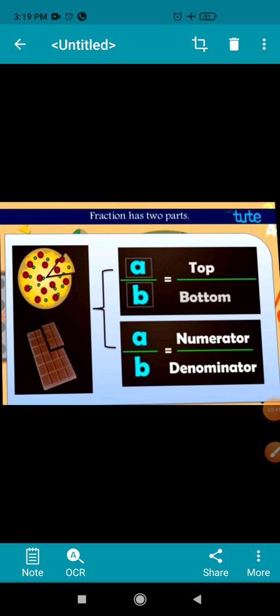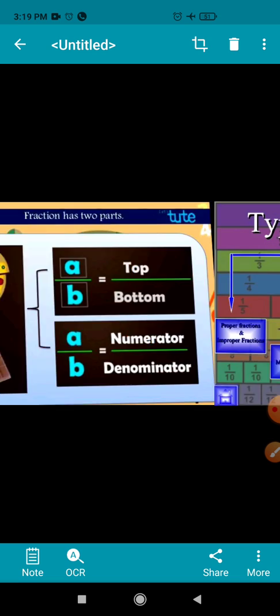Children, this I have told you: the top one is numerator and the bottom number will be the denominator. Numerator is a part and the denominator will be the total number of parts, right?